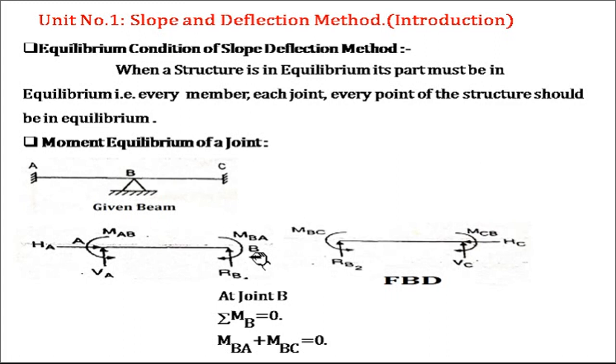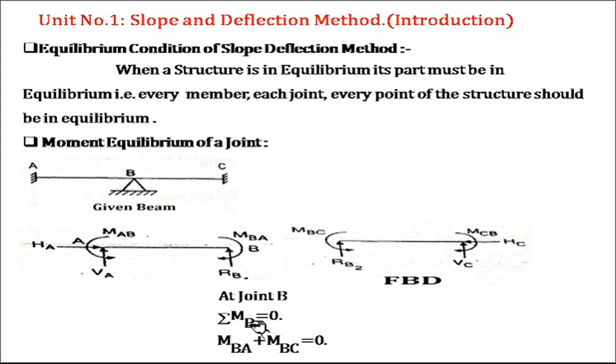At B, as it is continuous, two reactions. So in member BA the reaction is in clockwise direction, whereas for the member BC it is in anti-clockwise direction. Now here the moment equilibrium of joint B is nothing but this joint should be in equilibrium.